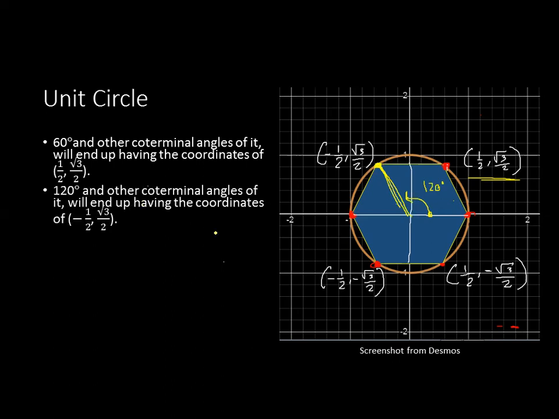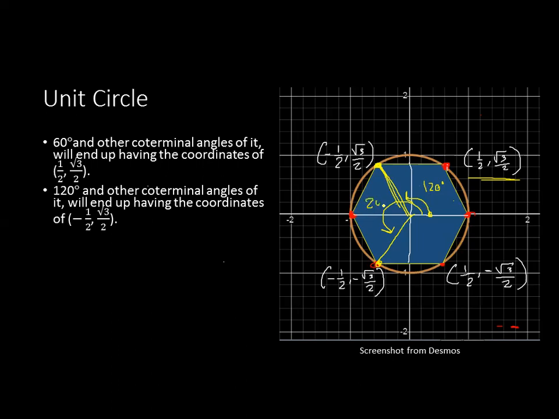Okay, so that's it. Next, what if we go even further until we reach here? So from the start up to here, I think this is, let me just recall, 240 degrees, okay?